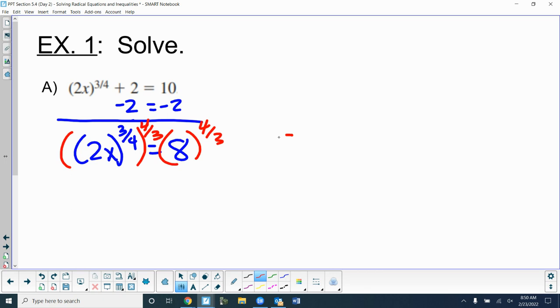So when you put this in your calculator, you're going to put it in like this. Okay. So what happens to the 3/4 and the 4/3? Just like the radicals yesterday. They cancel. So that just leaves me the 2x on the left.